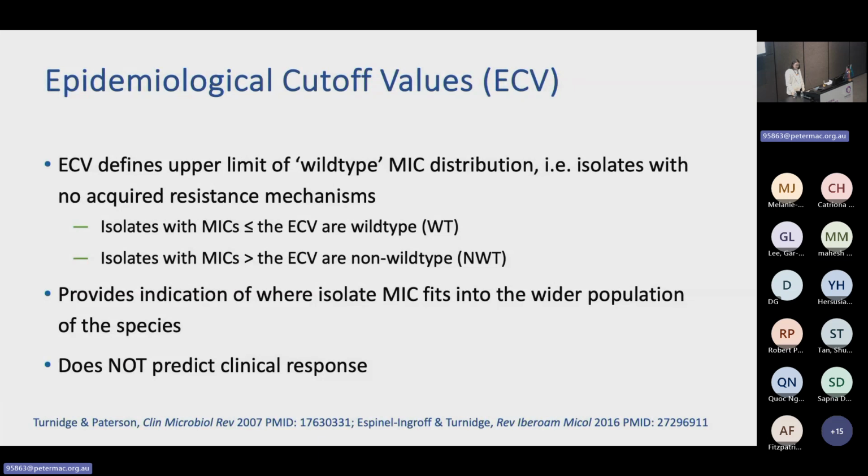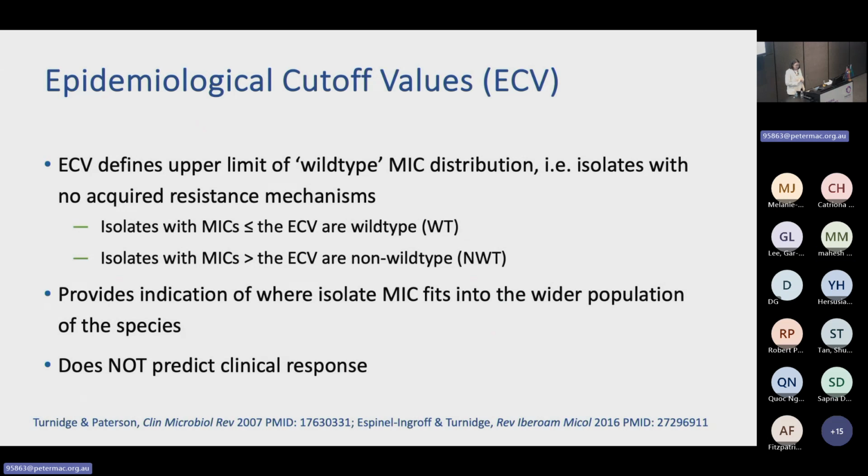In the absence of breakpoints and advice on intrinsic resistance, another tool we can use are epidemiological cutoff values, abbreviated as ECVs, or perhaps you know them as ECOFFs. So ECVs define the upper limit MIC of the wild-type population of a species.